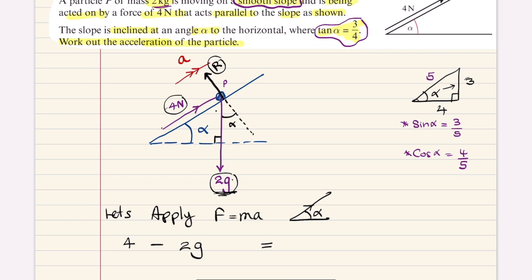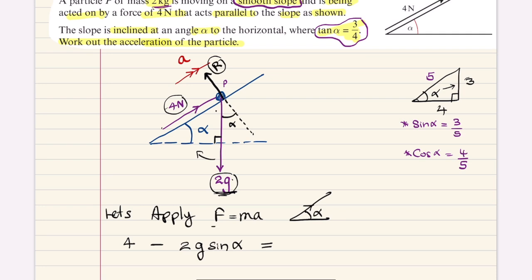If we are going across, through the angle, it will be 2g cos alpha. If you are going away from the angle, which is mentioned here, it will be 2g sin alpha. So here we need 2g sin alpha, but it is going to be minus because it is acting in the opposite direction to the one we are applying F equals ma.